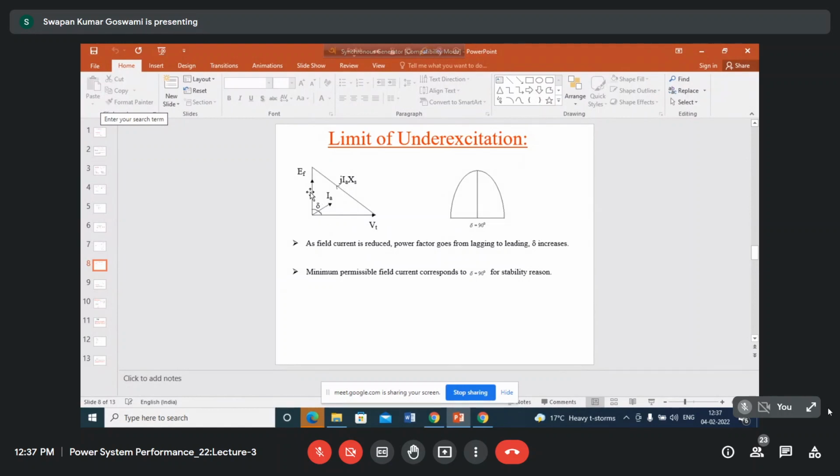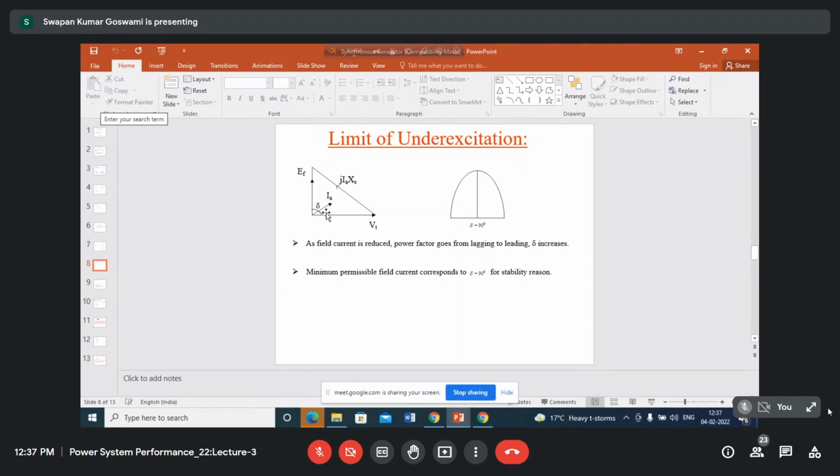So this particular operating condition represents the minimum excitation limit of the generator, and the minimum excitation limit is decided by the steady state stability of the generator, because at steady state stability limit delta value is equal to 90 degrees for a cylindrical rotor machine, and we are discussing now the cylindrical rotor machine.